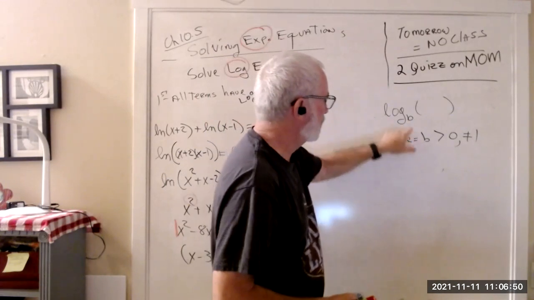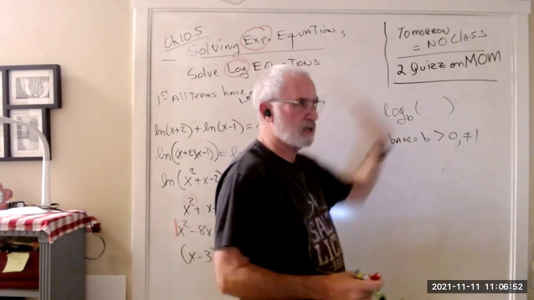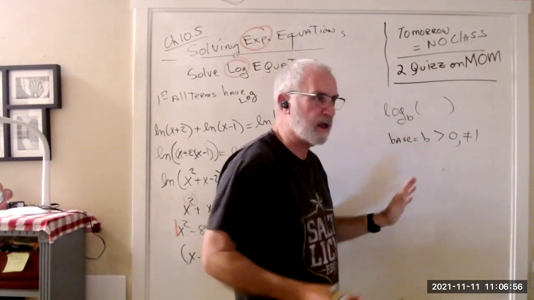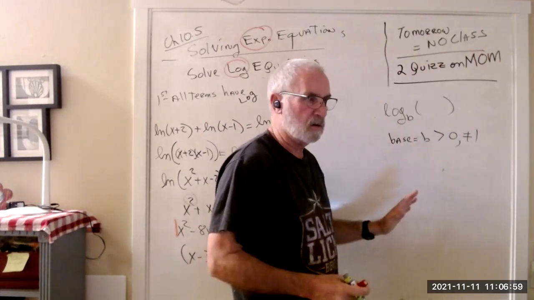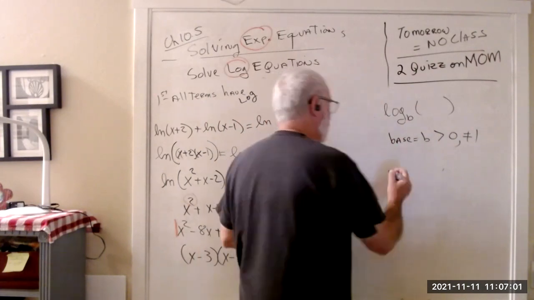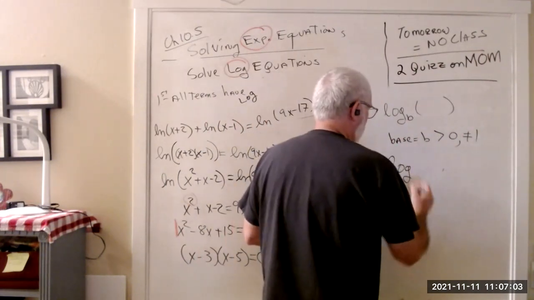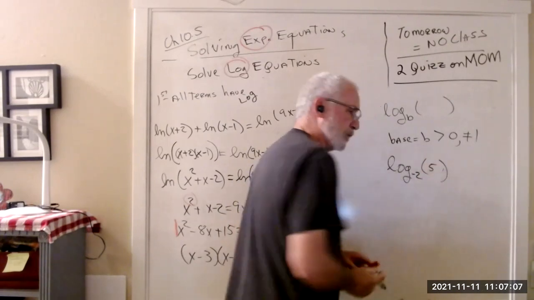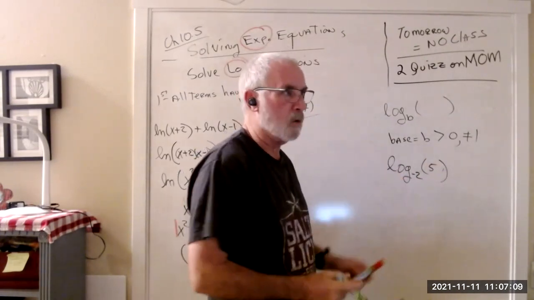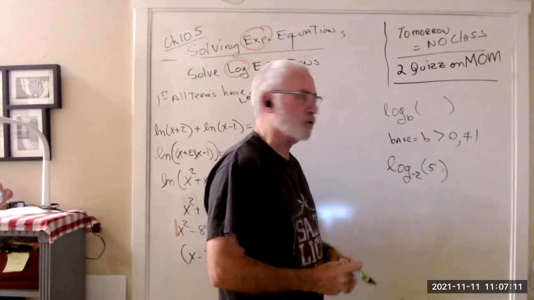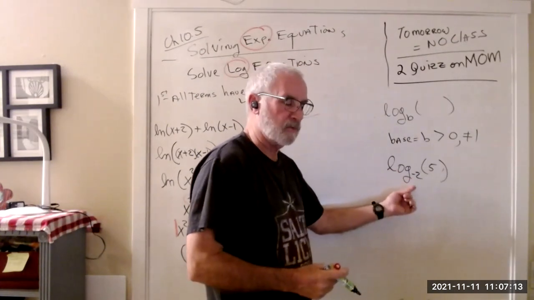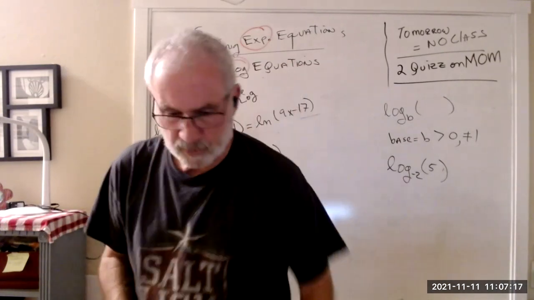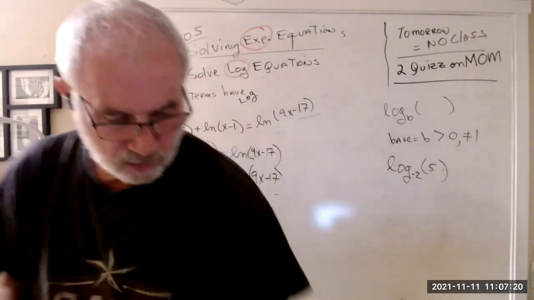So the base number, the b, has to be positive, but can't be 1. It can be anything else you want. If you don't believe me, try and put on your calculator log base -2 of 5 and see what your calculator does. It should blow up because your base can't be negative.